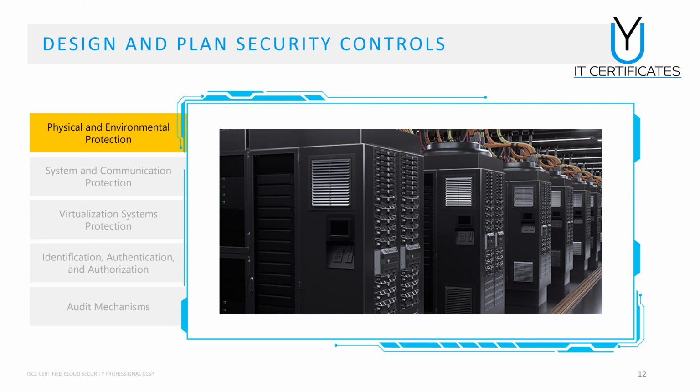For physical and environmental protection, this is important because it is considered the first step or first layer in protecting your infrastructure and data center. You have to provide the appropriate data center protections, for example, fences, lights, CCTV, guards.